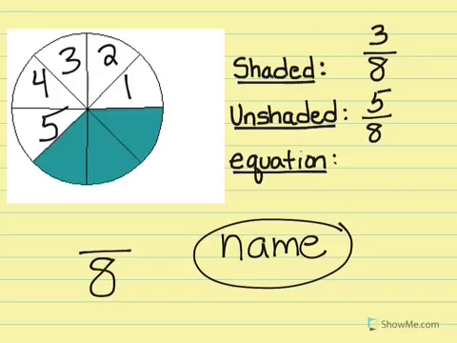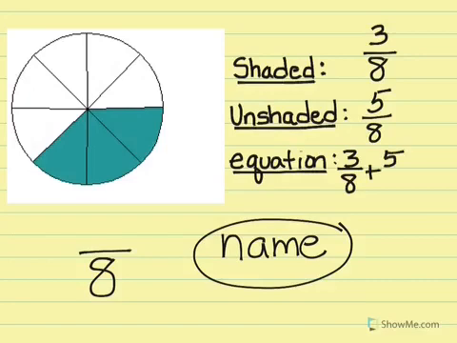My equation is like a number sentence. So I'm going to write my two fractions that add up to 1 whole. I know 3/8 are shaded plus 5/8 are unshaded.